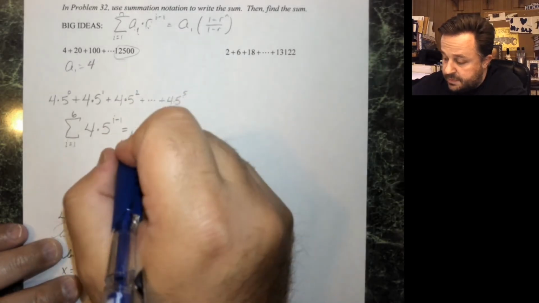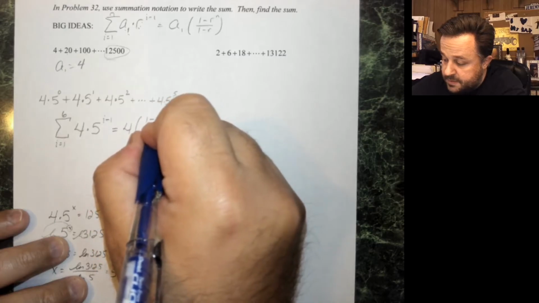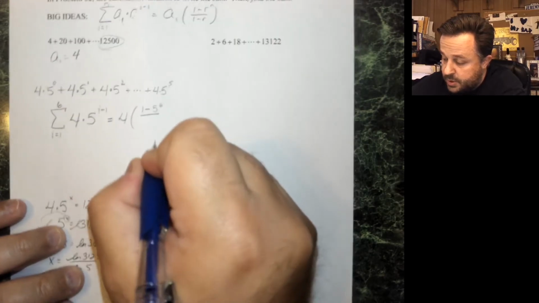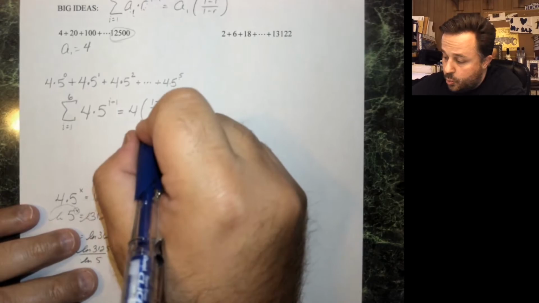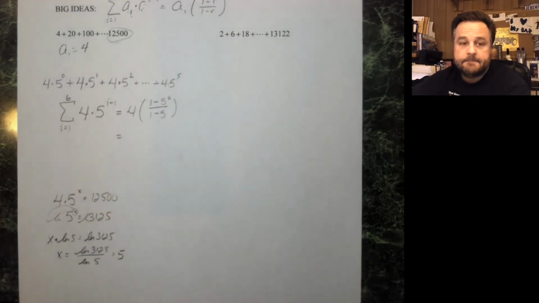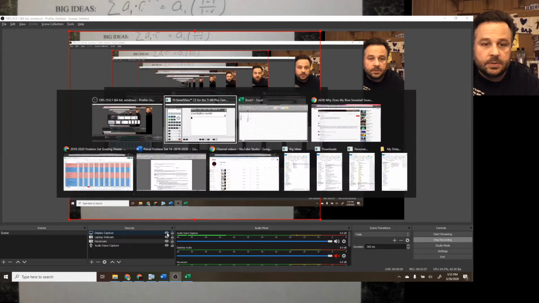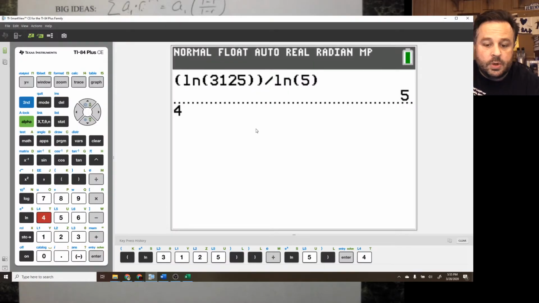So now I can use our formula. a1 is 4, times (1 minus 5 to the 6th power) over (1 minus 5). Now we can go back to our calculator. I have 4 times parentheses.